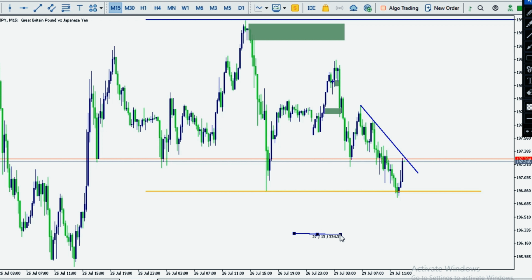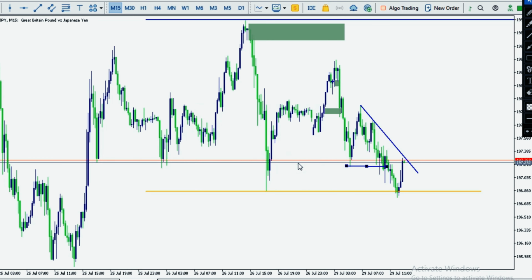Let's just use this candle as a reference for what can happen to the market. Yeah, it broke below. Nice, right?